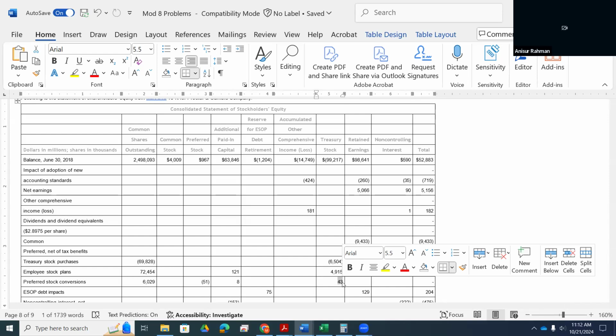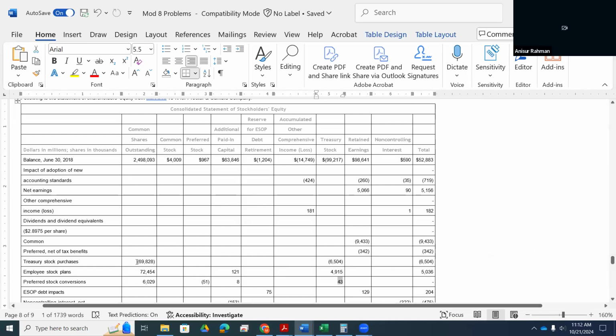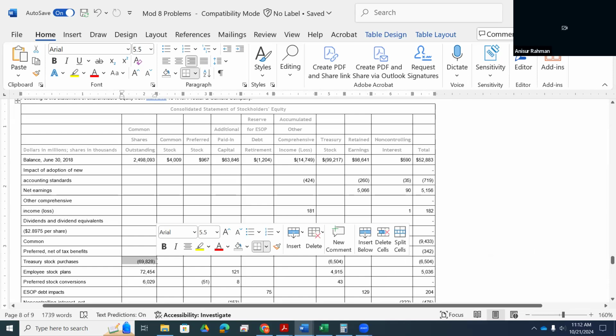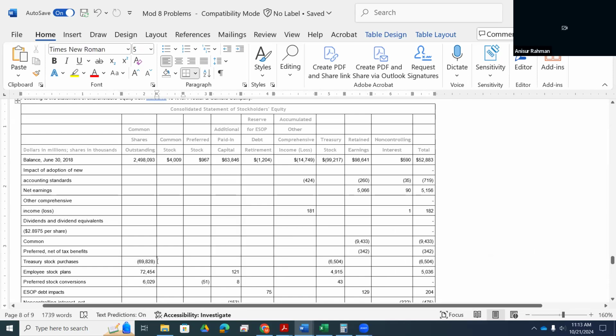When that happens, it has a negative balance. For example, in this column, it is a negative 69,828. And that company can use its balance in treasury stock to resell those shares.